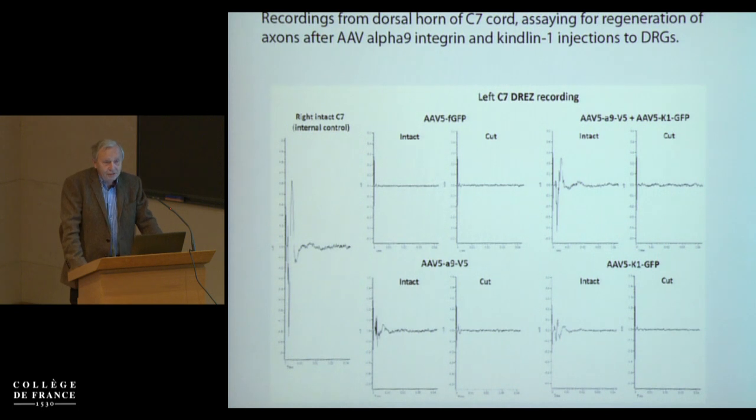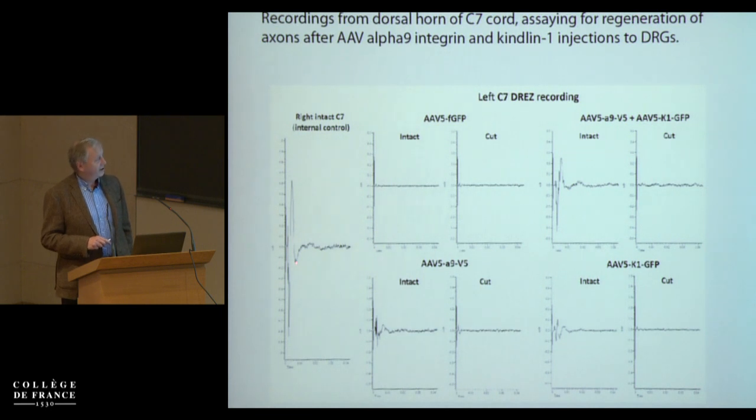If we look at the functional result of this regeneration, again it's looking pretty good. This is physiology, in which we stimulate the peripheral nerve and we record within the dorsal column. Here is a normal dorsal horn recording, and you can see a large postsynaptic potential here.